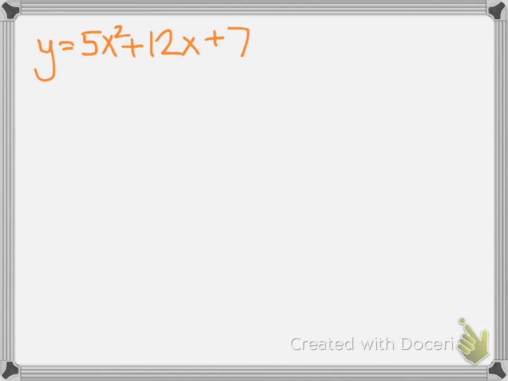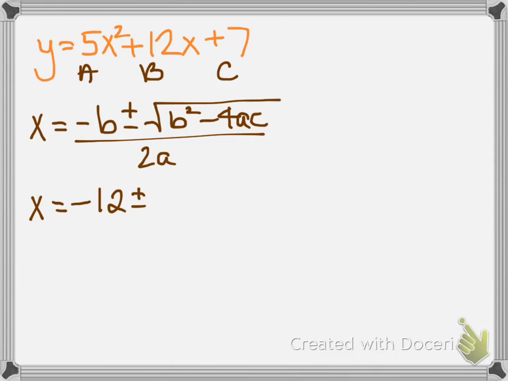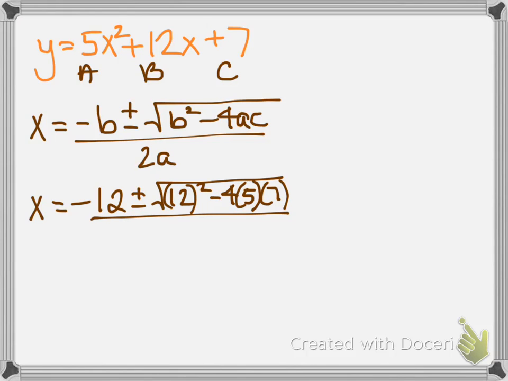So first step, a, b, and c. Rewrite the equation: x equals negative b plus or minus the square root of b squared minus 4 times a times c, divided by 2 times a. So I have x equals negative 12 plus or minus the square root of 12 squared minus 4 times 5 times 7, divided by 2 times 5.